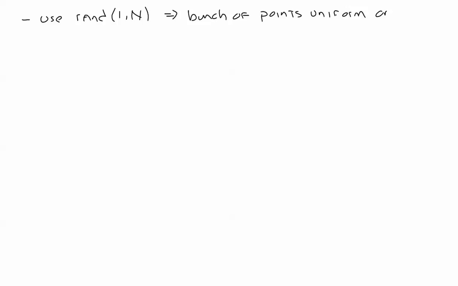So what I'm going to do is use my RAND function in MATLAB to create a bunch of points that are uniform on 0 to 1, and that's my random variable X. I'm then going to use my transformation function to calculate a bunch of points for resistance.